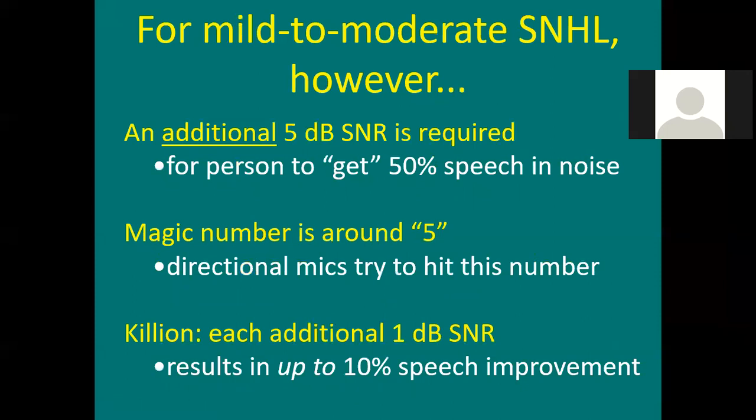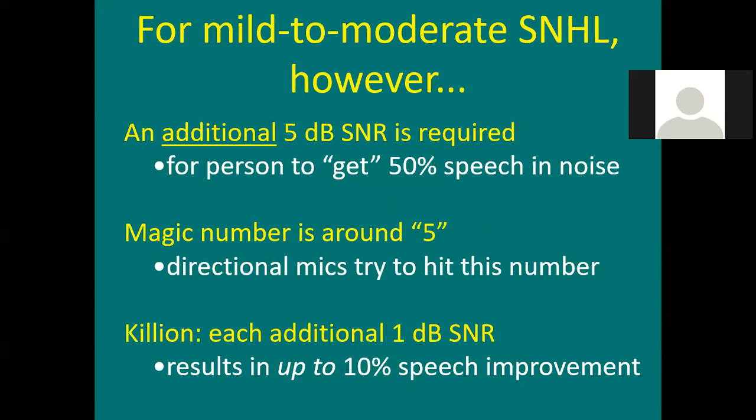Killion, who was a researcher who had invented the K-amp, okay, Killion had said that each additional dB that you can increase the SNR will result in a 10% speech improvement. Well, I think he's exaggerating, even if you've increased it by only 5%. And directional mics, do they improve the signal-to-noise ratio by 5? Not really.